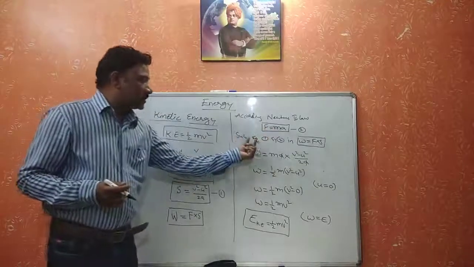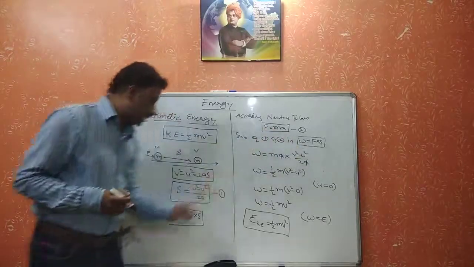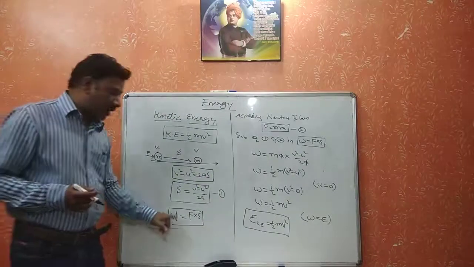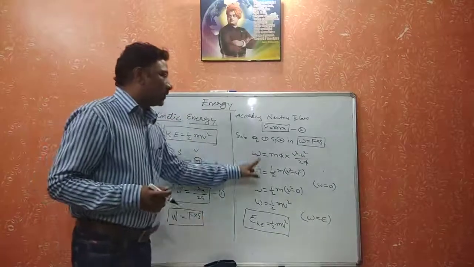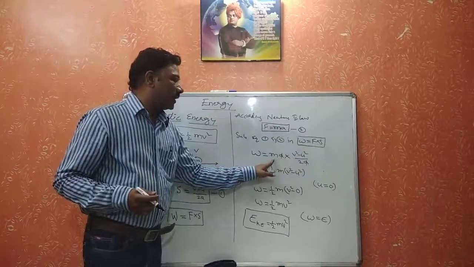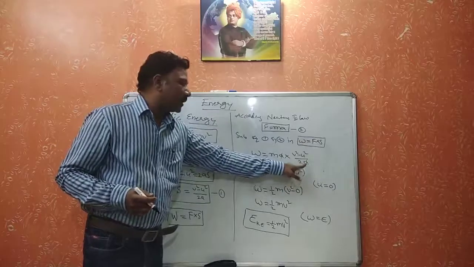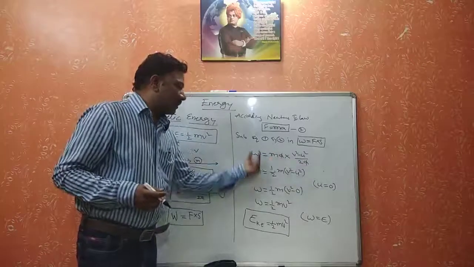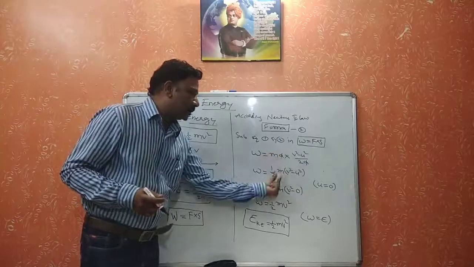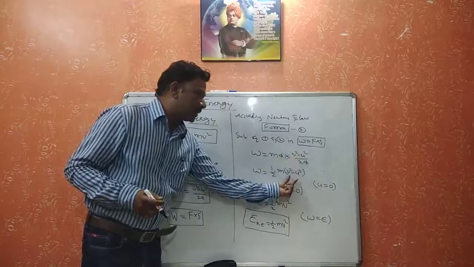Now substitute the first and second equations in W is equal to F into S. Now W is equal to, instead of F we write ma, into, instead of S we write v square minus u square by 2a. The a gets cancelled. Then we get W is equal to 1 by 2 into m into v square minus u square.